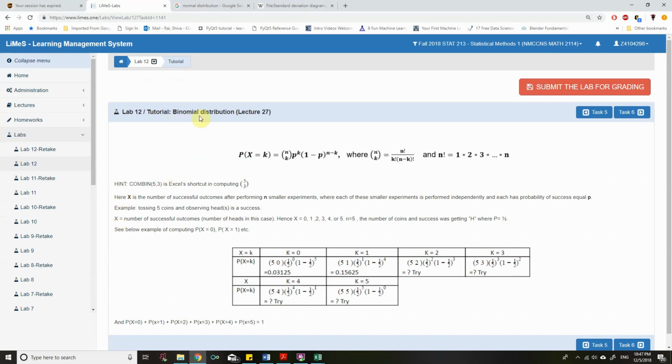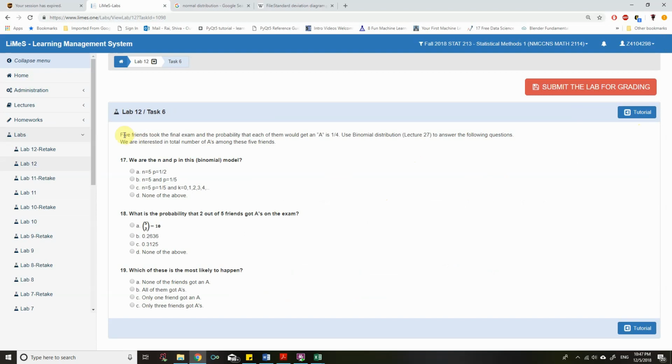Here binomial distribution is given. Go for lecture number 27, the video of lecture number 27, where I have shown you how to work with binomial distribution in Excel, without using this formula. Alright, so let us go for task 6. 5 friends took the final exam and the probability that each of them would get an A is 1/4.